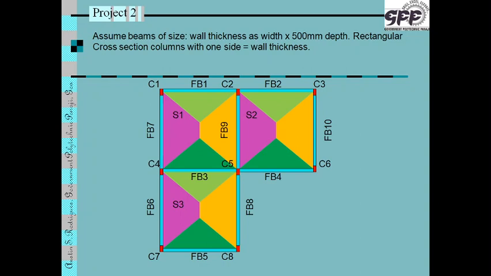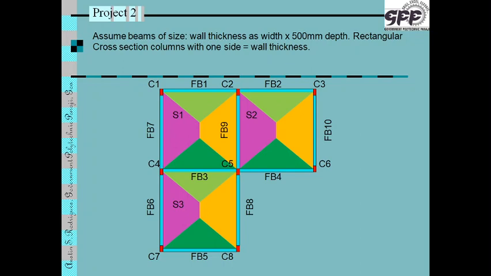I wish to bring to your notice another thing. Look at the way the columns have been named. It starts from the top left corner, C1, C2, C3. Once the horizontal line is over, we move to the next horizontal line with C4, C5, C6, then the next horizontal line. Similarly, for the beams, we have the first horizontal row with FB1, FB2 starting from the top left corner.